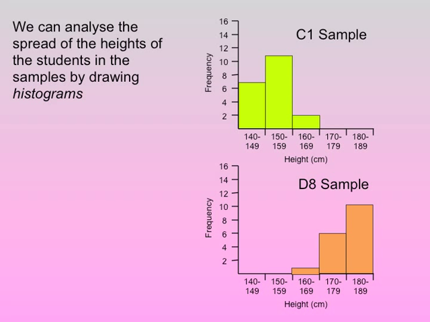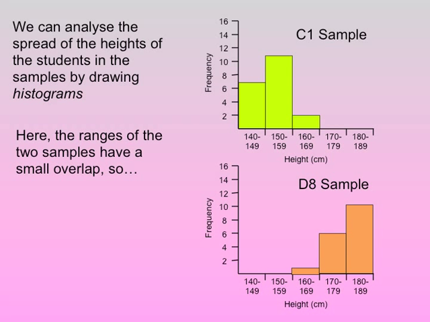If you look at the top C1 sample in yellow, the first bar of the histogram means that 7 students measure between 140 and 149 centimeters, whereas 2 students measure between 160 and 169. In the D8 sample, the first bar says that 1 student measures between 160 and 169 centimeters, and the other students measure more than that.